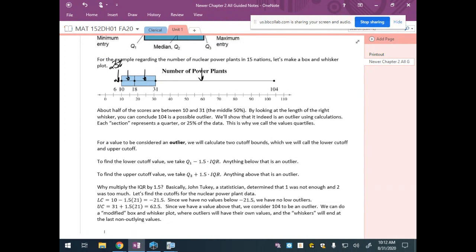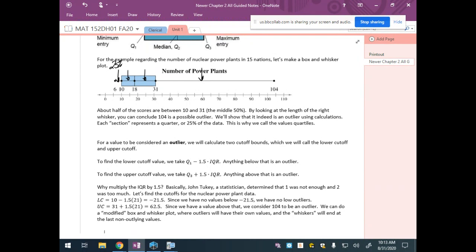So for a value to be considered an outlier, we need to calculate two cutoff boundaries, which we'll call the lower and the upper cutoffs. To find the lower cutoff, you take Q1 minus 1.5 times the IQR. Anything below that is an outlier. For the upper cutoff, you would do Q3 plus 1.5 times the IQR.